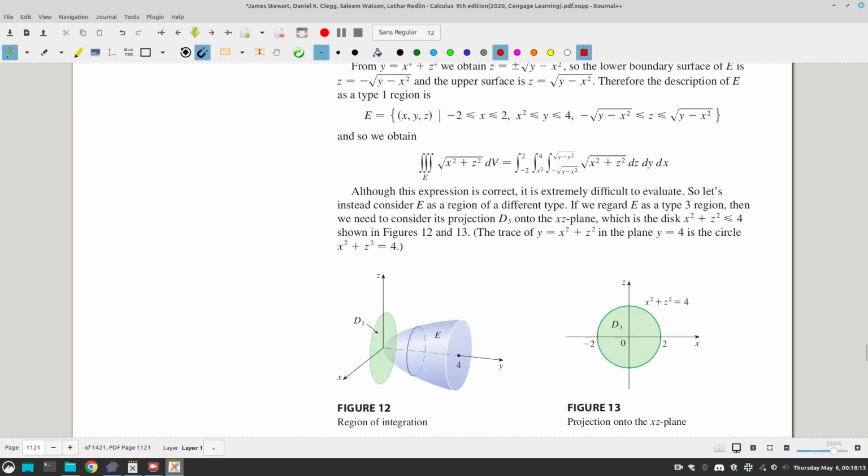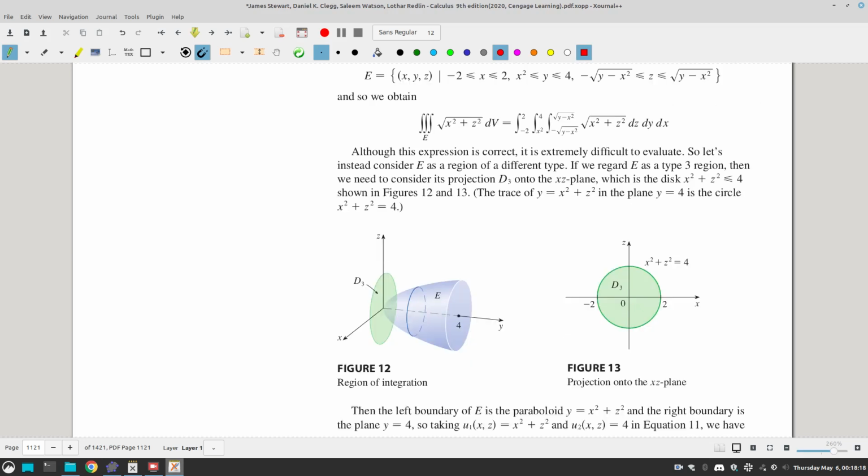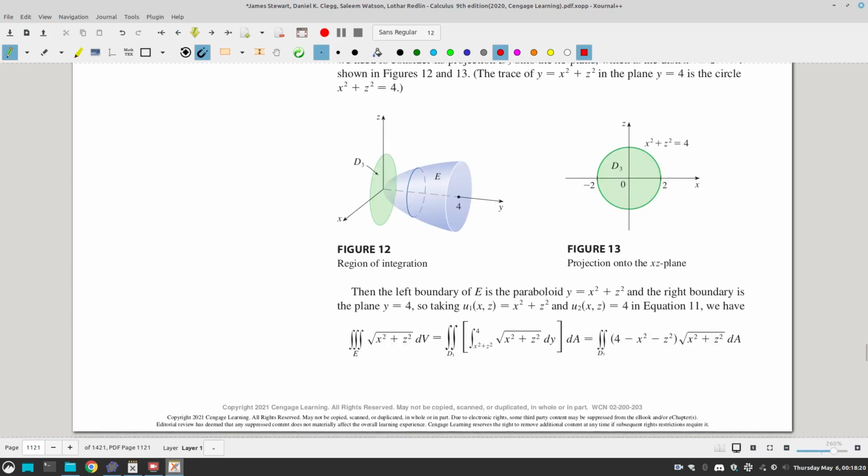Instead of a type 1 or type 2, let's look at this region as a type 3 region.